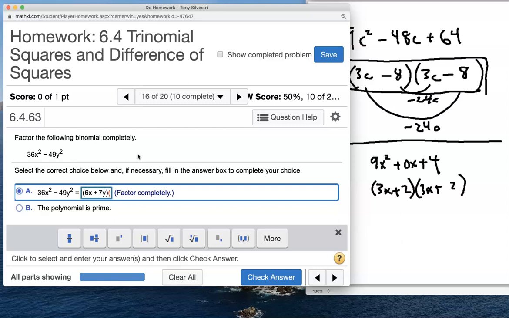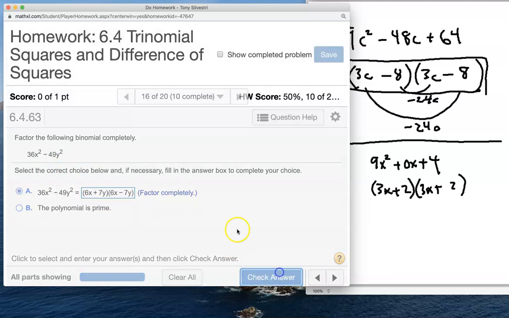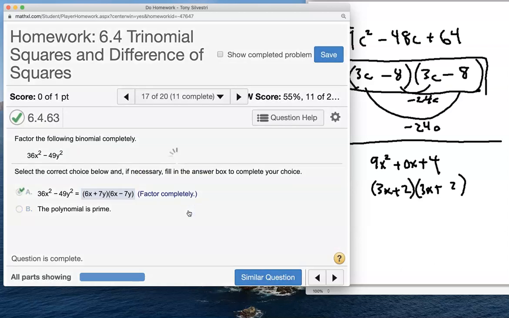Now, the other term is 6x minus 7y. It's a plus and a minus. When you have a difference of terms, you have to have a plus and a minus, and that just makes sense, because the last term has to be negative. Well done. Very good.